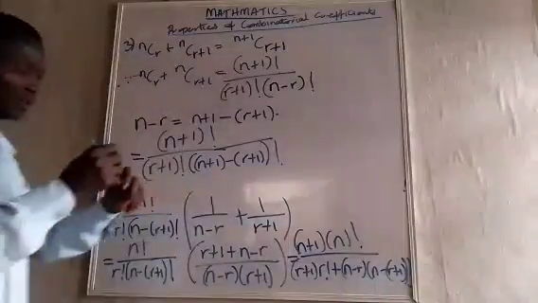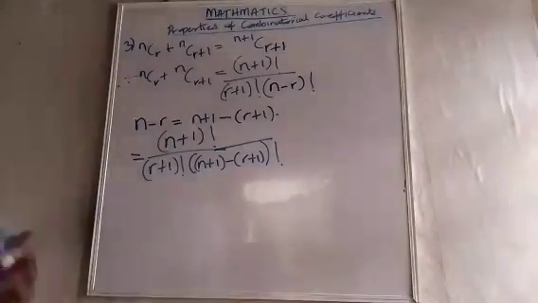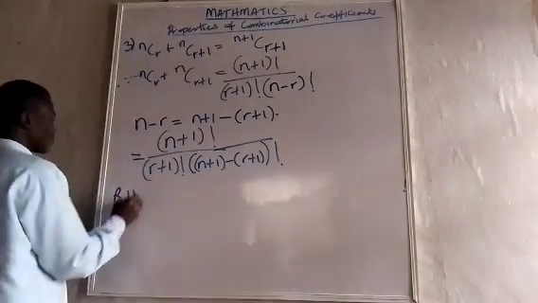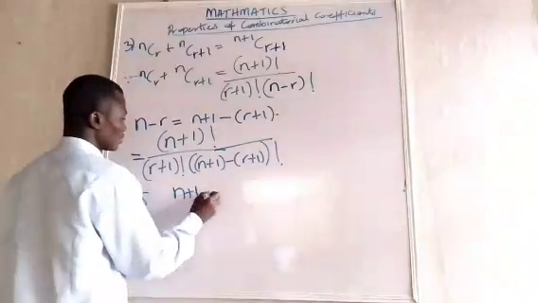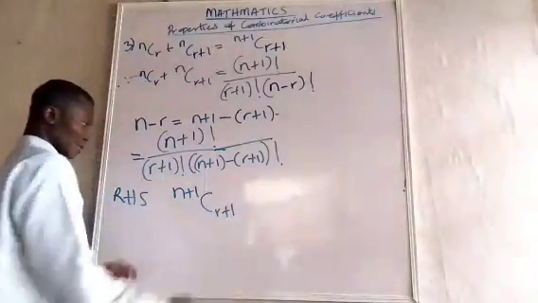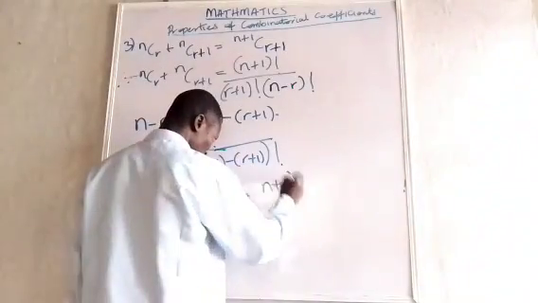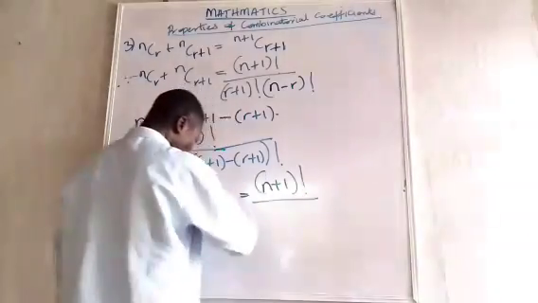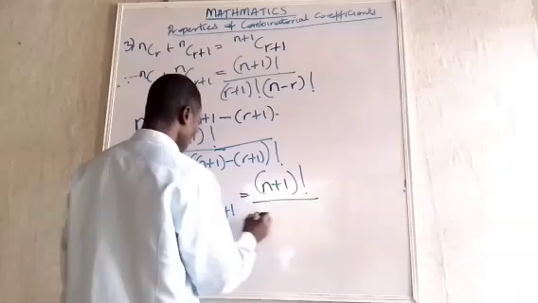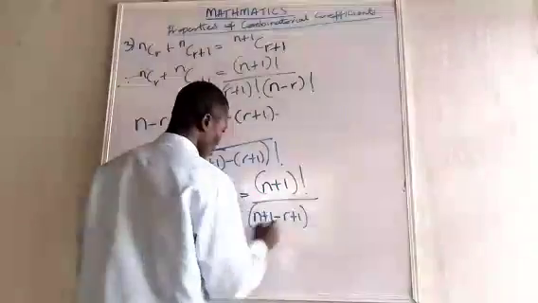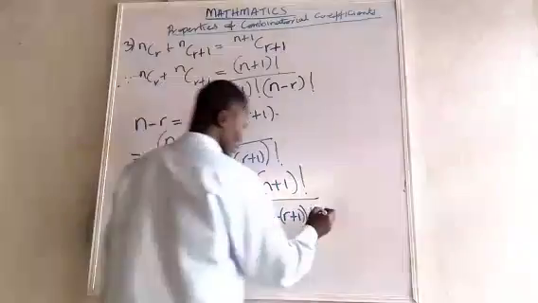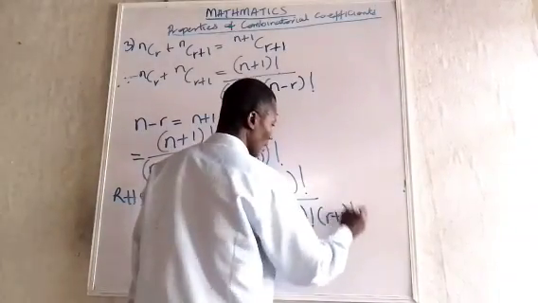And now let us go to the right hand side. Right hand side is (n plus 1) selecting (r plus 1). And that's going to be (n plus 1) factorial over ((n plus 1) minus (r plus 1)) factorial into (r plus 1) factorial.